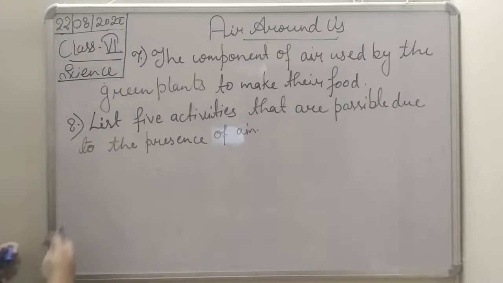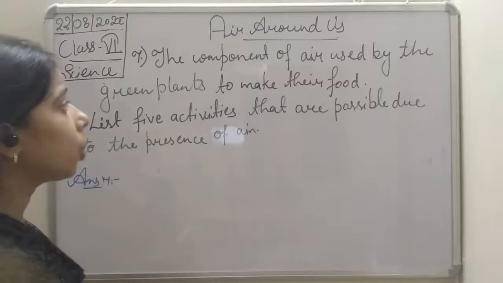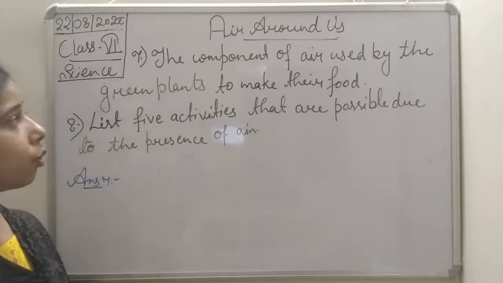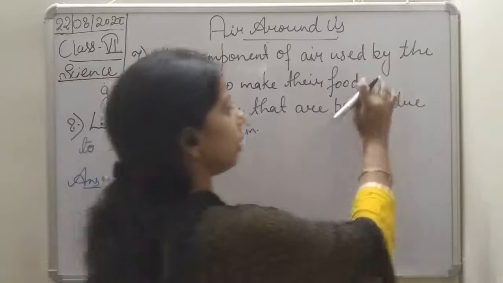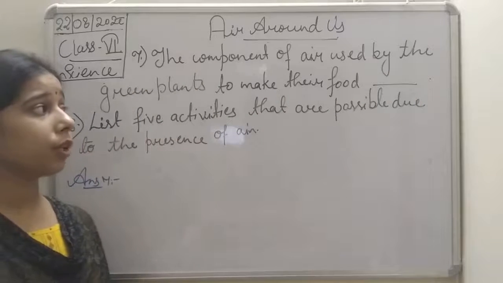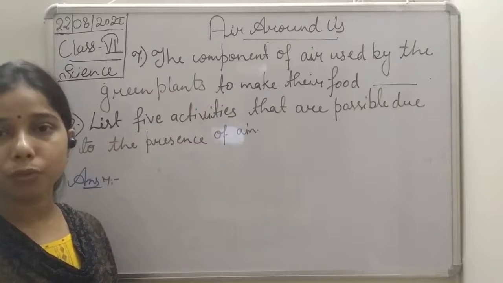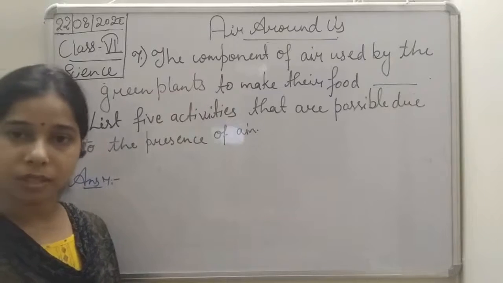Now we will see the next question, students. The next question is: the component of the air which is used by the green plant to make their food is. You know that plants make their food by the process of photosynthesis.